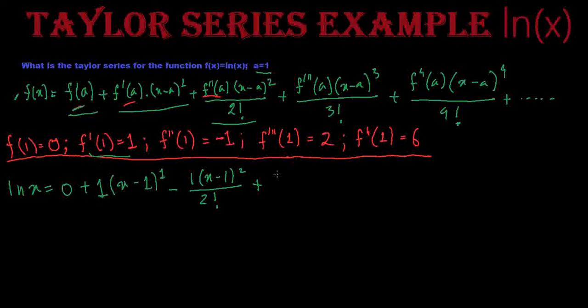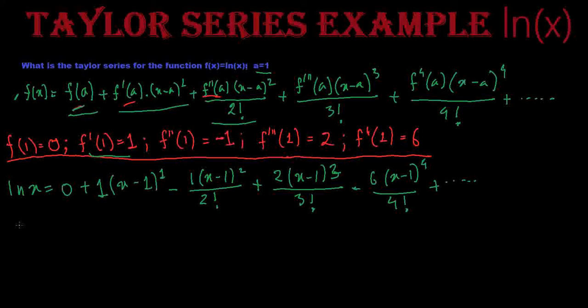Plus the triple derivative of f of x is 2, then (x minus 1) whole cube divided by 3 factorial, minus 6 (x minus 1) to the power 4 divided by 4 factorial, and so on.